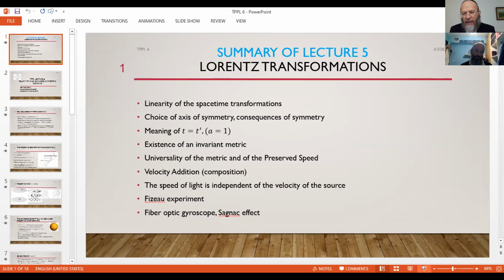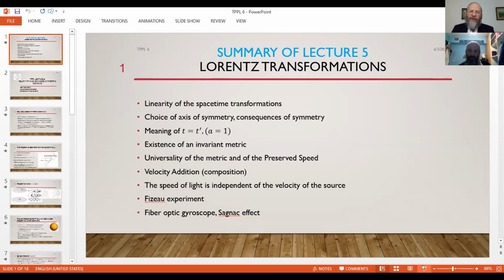We've seen that behind this device are really the relativistic formulas for velocity addition. If they are done properly, you obtain the right formula for the Sagnac effect, which is used for the fiber optic gyroscope.